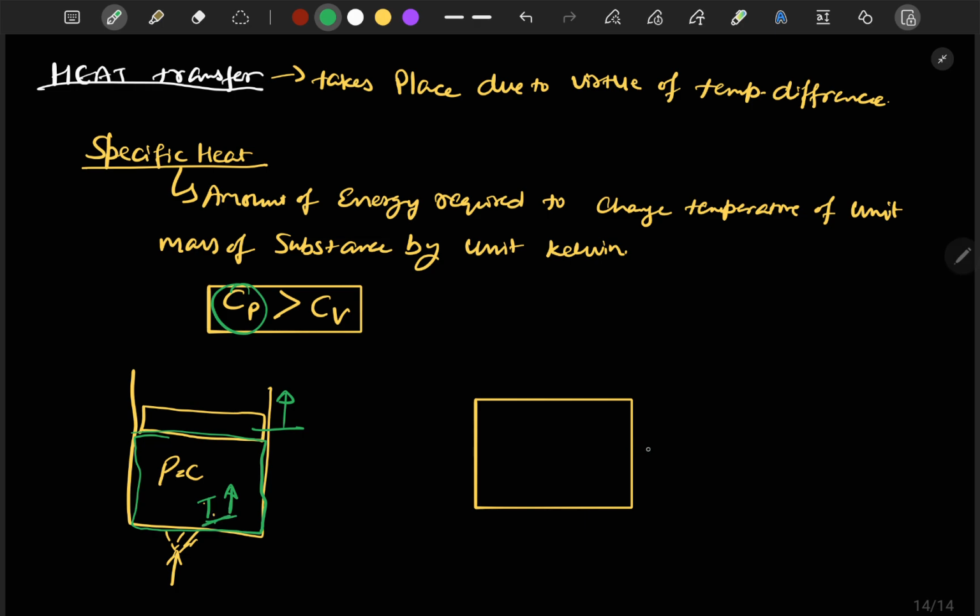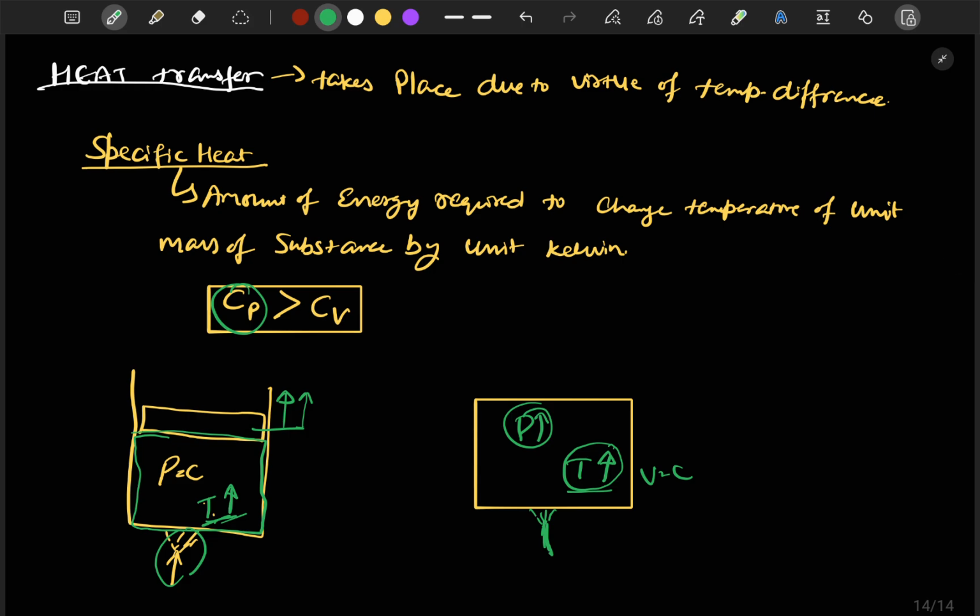If we take the closed system, then volume is constant, so only one thing is happening: the temperature is increasing. While we provide heat to increase the temperature, pressure is also increasing. But the main point is that with the help of the heat we supply, only temperature is increasing. In the constant pressure case, with the heat's help, temperature is increasing and work is also done by the system on the surroundings.